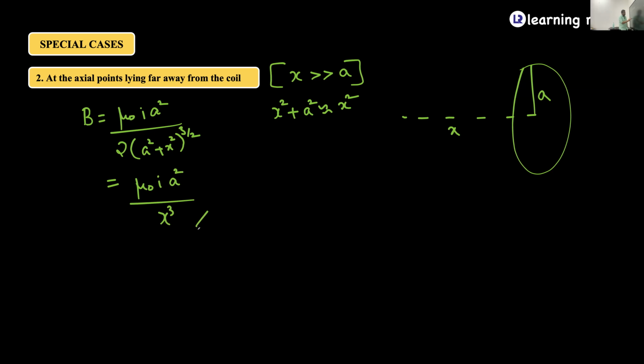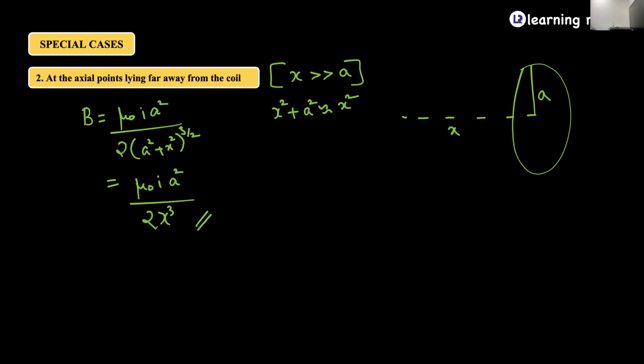So you will get x cube, mu naught I a square by 2 x cube. Clear? Clear with this? Okay.